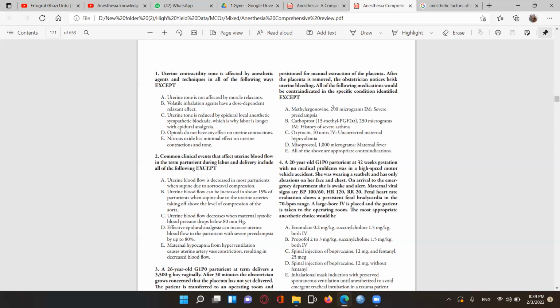So this is correct. Sir. Okay. What about carboprost, PGF2 alpha? You don't use in asthma. Sir. Okay. Then, sir, oxytocin, you will not use in hypovolemia. Okay. Sir. What about misoprostol in maternal fever?